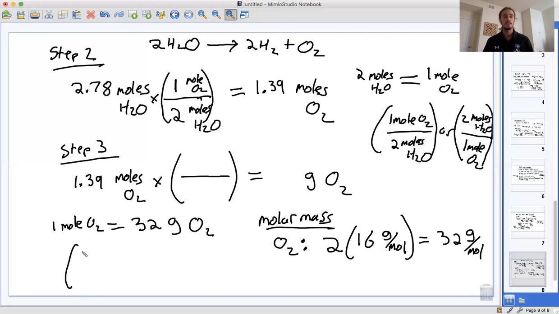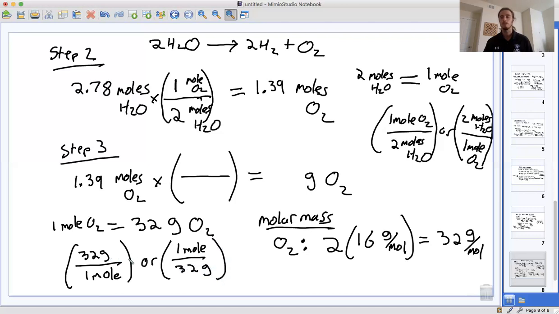I can say 32 grams is 1 mole, or I can say 1 mole is 32 grams. These are equivalent statements. Now, which one of these is going to get me my right answer?